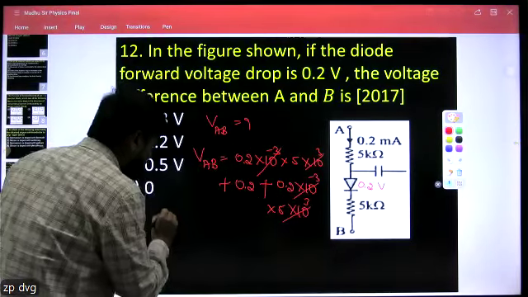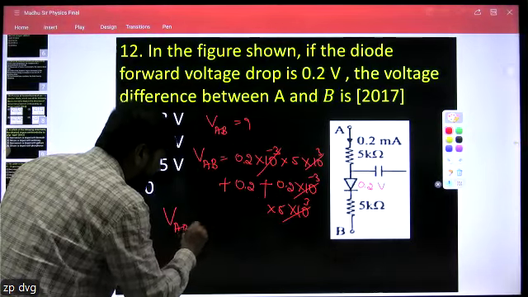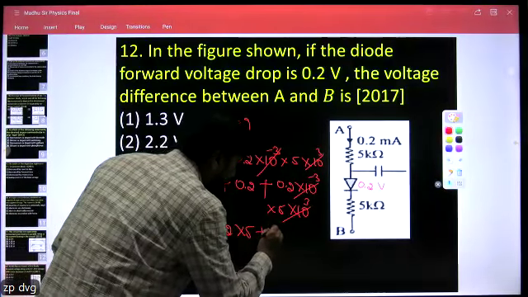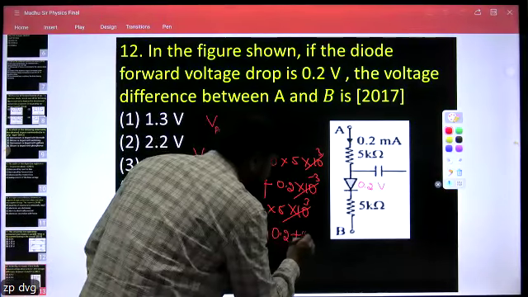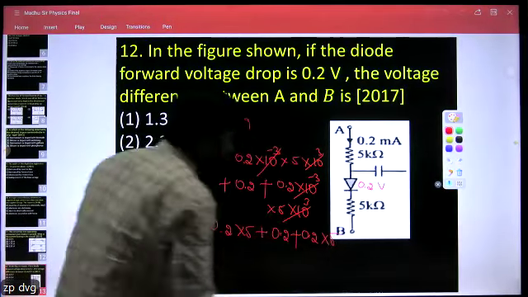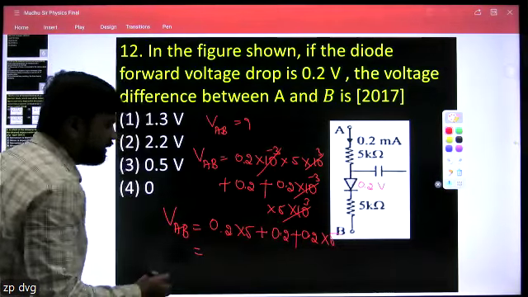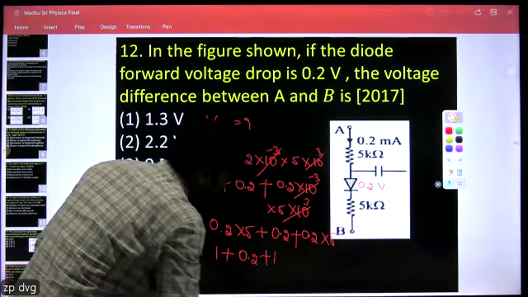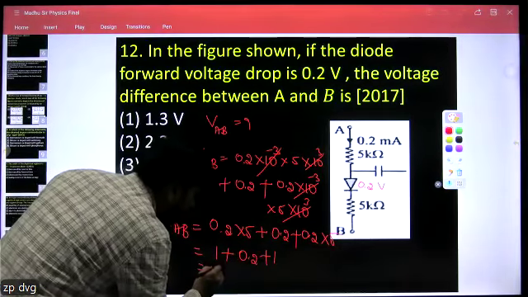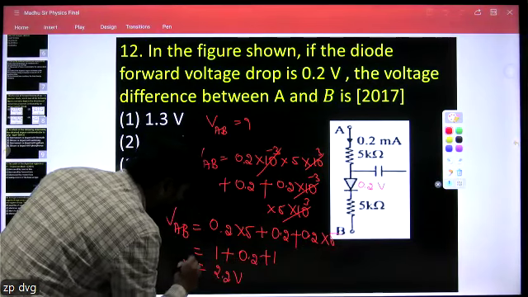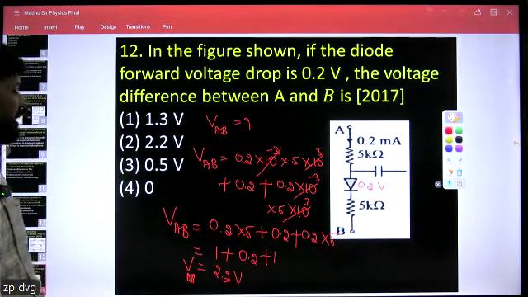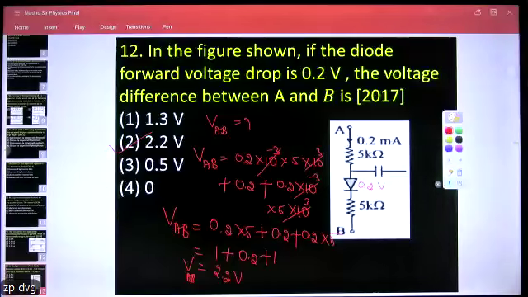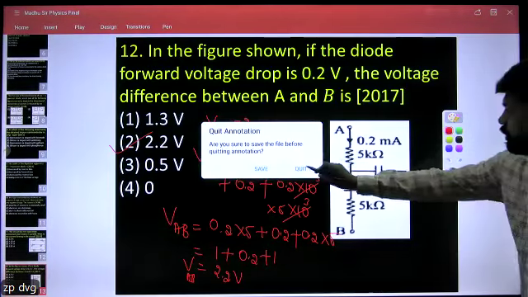Therefore, potential across VAB is equal to 0.2 into 5 plus 0.2 plus 0.2 into 5. 0.2 into 5 is 1, plus 0.2, plus 1, that is 2.2 volt. The potential across VAB becomes 2.2 volt. And which option is correct? Option 2 is right. The next question.